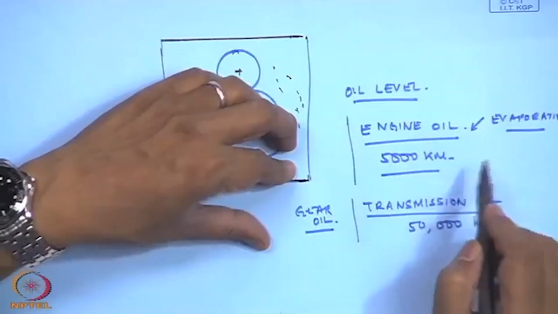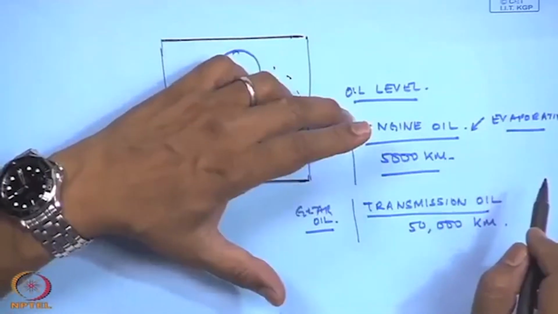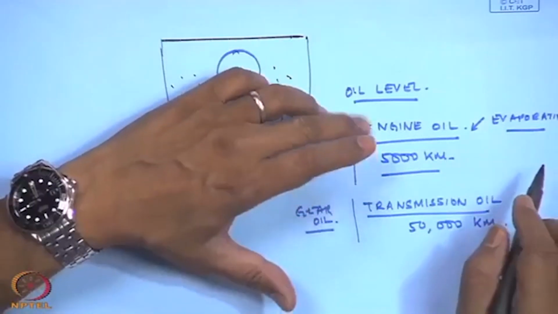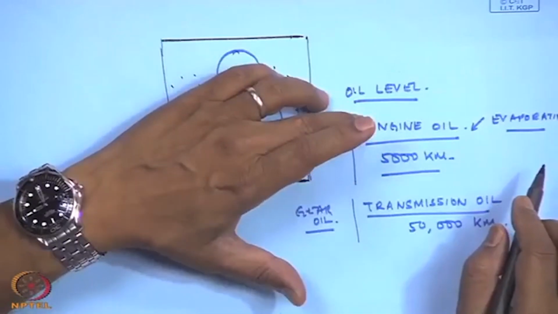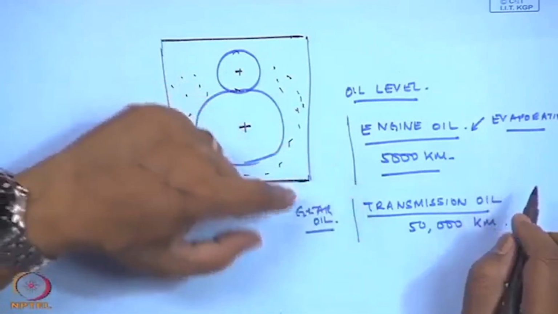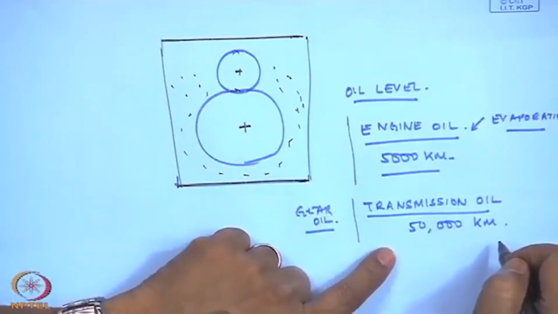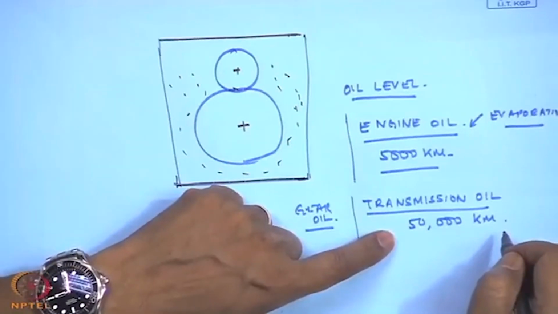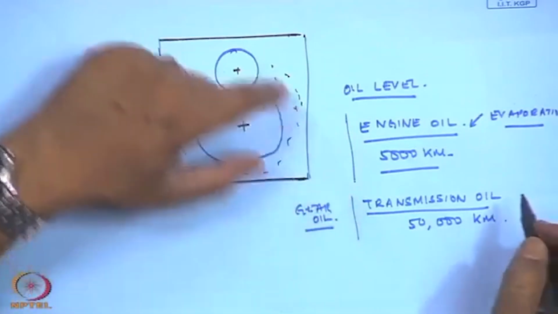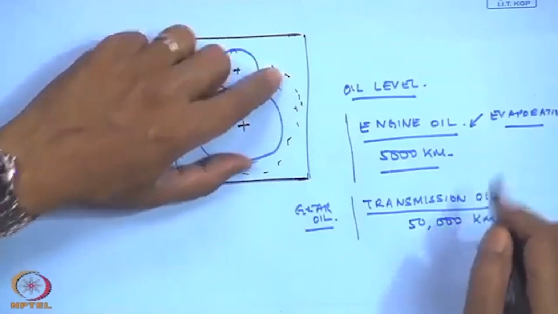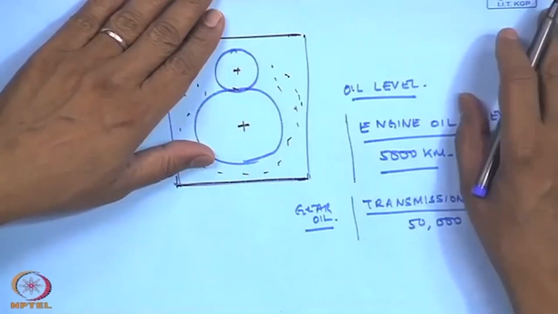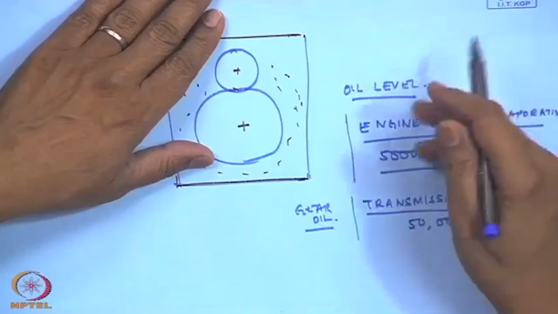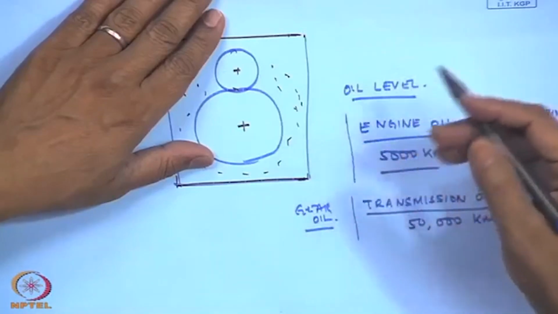The purpose of both is the same, to lubricate and reduce the friction in the mating engine components and the mating gear components. But because these are at a lower temperature than the engine oil, we need not replace them or check their levels before 50,000 kilometers.